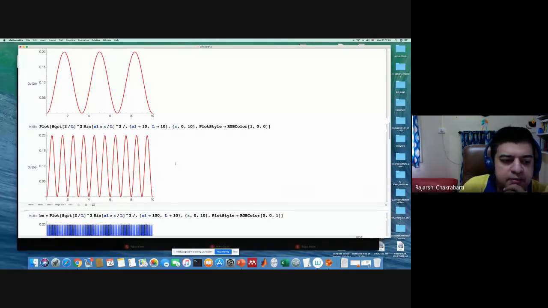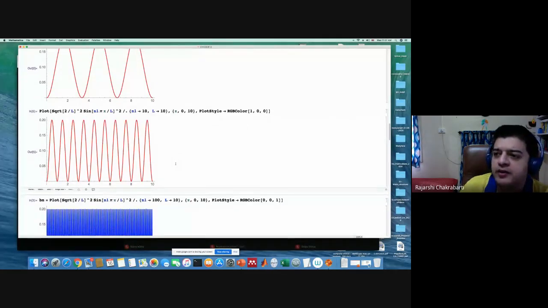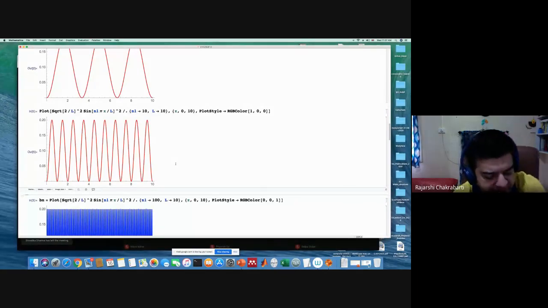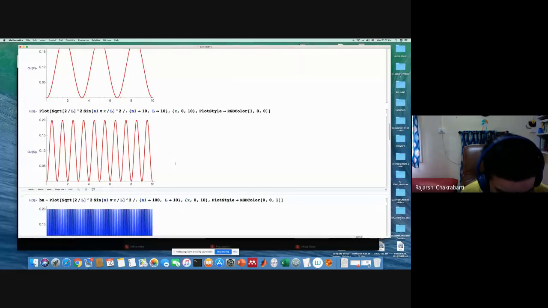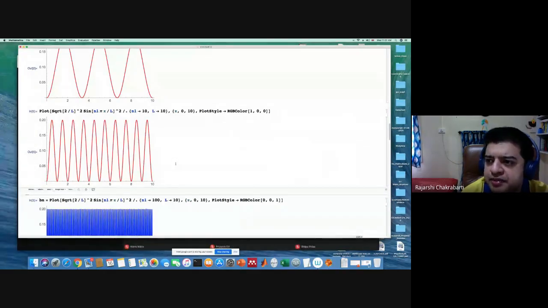But if I go to very, very high quantum number, what do I expect? High quantum number means high in energy. If I take a classical particle inside a box of length L, the classical particle cannot go outside. Even a quantum particle cannot go if the potential is infinite. Then what is the probability of finding that classical particle inside the box? It is constant, isn't it?